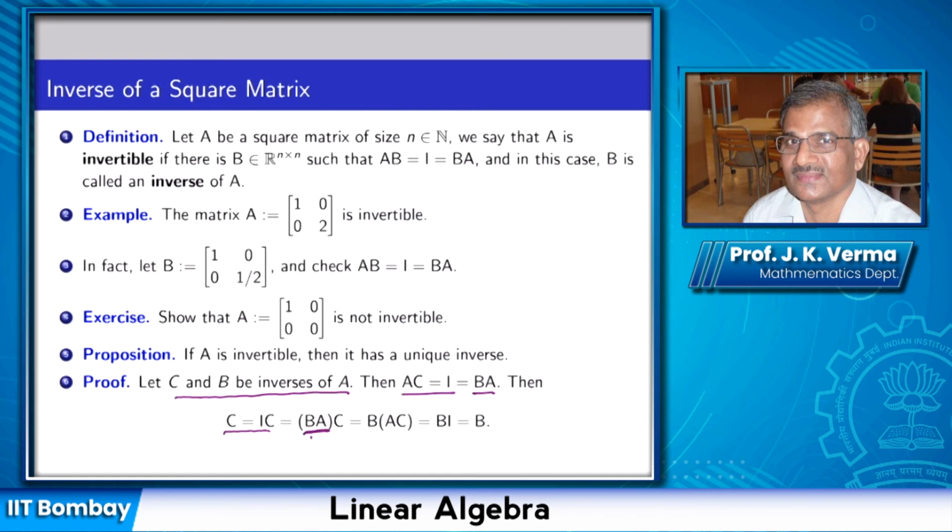So this is BA times C. I use associativity, B times AC, but this AC matrix is identity because C is the inverse of A. And so I get B times I, which is B, and therefore C equals B. So the inverse of a matrix is uniquely determined. Once the inverse is uniquely determined, we can have a notation, and we will write A to the power minus 1 as the inverse of the given matrix.